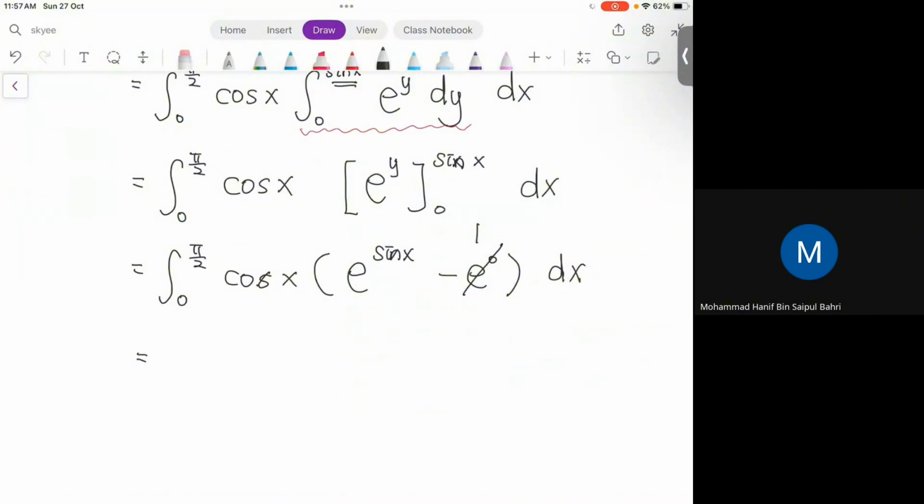This is cos x multiplied with exponent sine x, then minus 1. Be careful with the bracket. And then pi over 2, and 0.